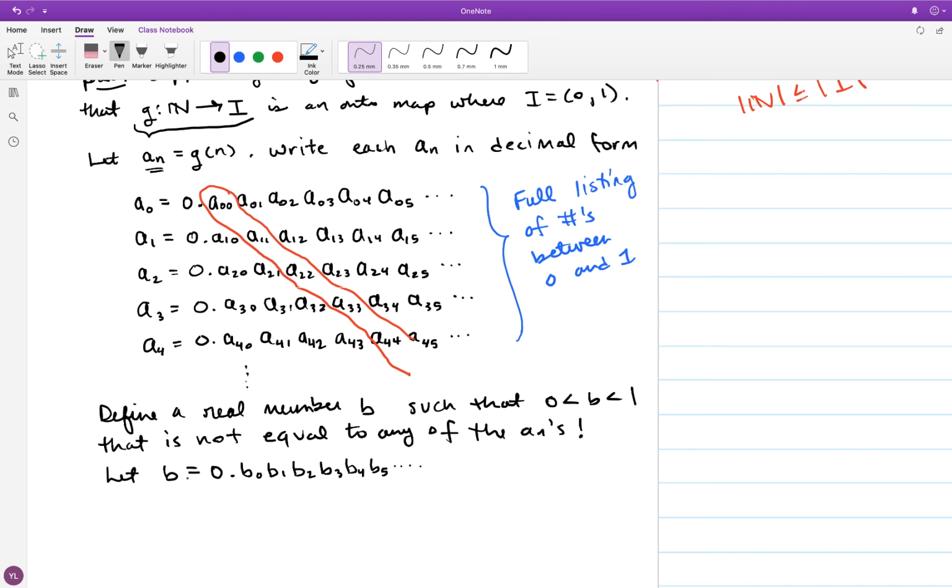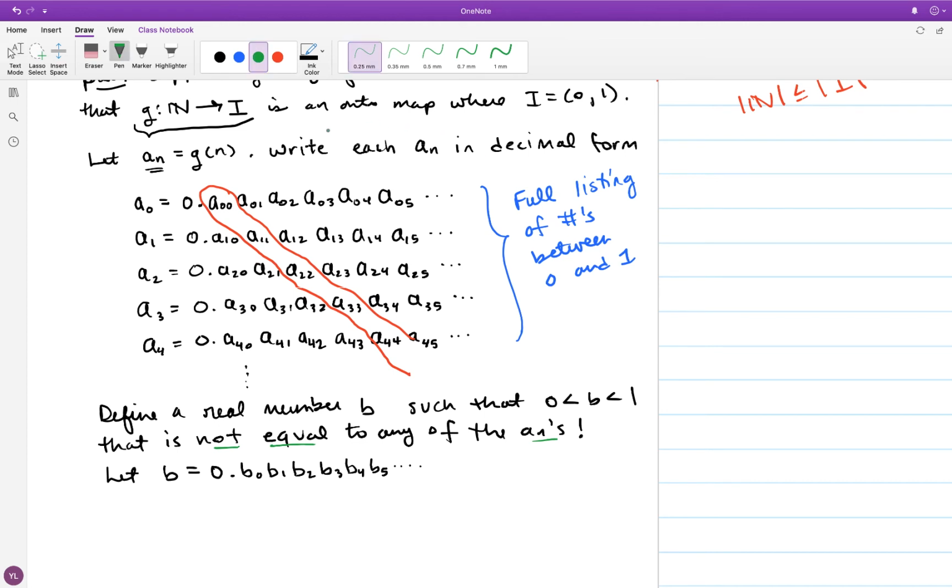I'm going to define b by defining its decimal expansion, and the goal is to make b not equal to any of the an's. So as I define the decimal places of b, I'm going to ensure that b couldn't possibly be equal to any of the an's as I go.